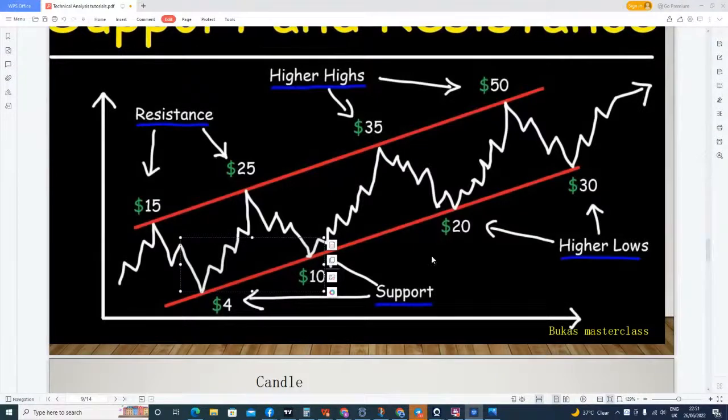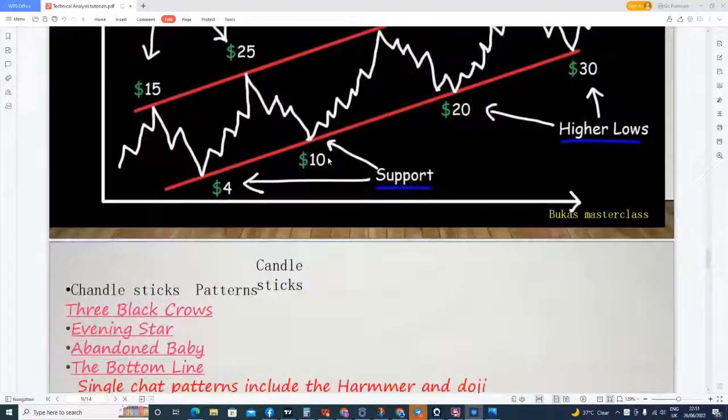So if you are calling this in trend channels, you can call this an uptrend because the price is moving up like this. So when the price is moving up, we use higher high, higher high, higher high. But when the price is moving down, we use lower low, lower low, lower low. That means the price is dropping down. So let's forge ahead.